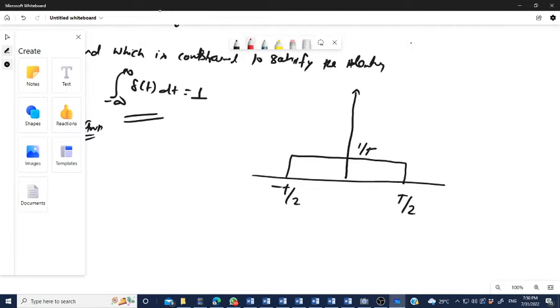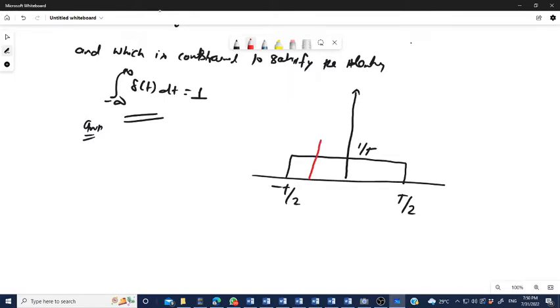Let's say we have minus t by 2, and after some constant we are going to decrease this distance. The area covered from minus t by 2 to t by 2, with height 1 by t, is obviously 1. After reducing this length, with minus t by 2 and t by 2 both approaching the origin, the area will remain the same.